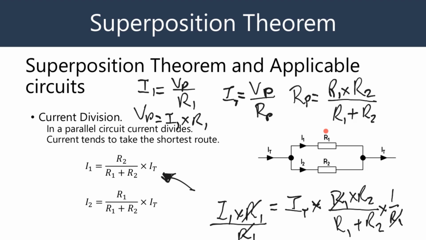I hope that makes a lot of sense how we actually get to it. It's very simple. It's not too complex. I hope you guys are understanding it. Now, that's the current. If I'm wanting to calculate I1, I can say R2 over R1 plus R2 times I total. If I'm wanting to calculate I2, R1 over R1 plus R2 times I total.